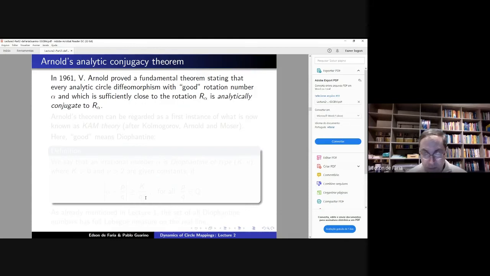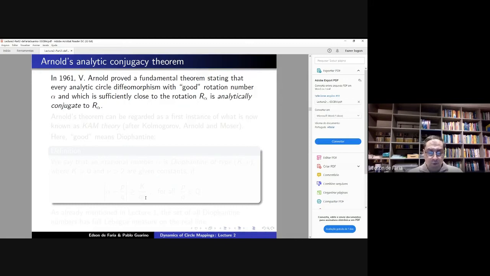So I want to just give you an idea of what this theorem is all about.